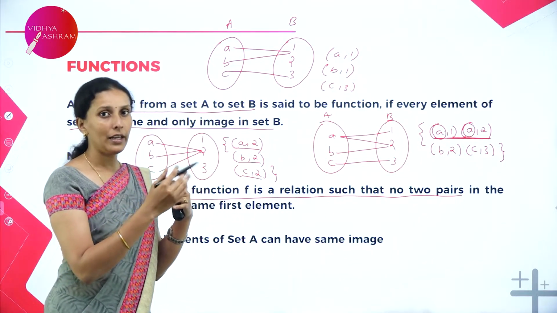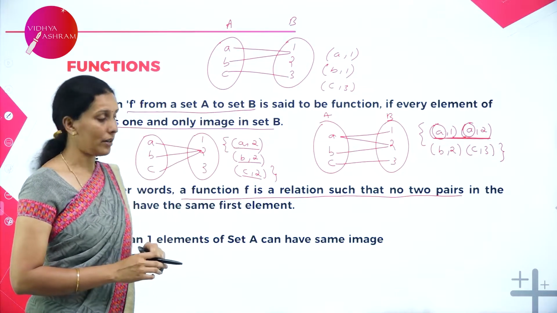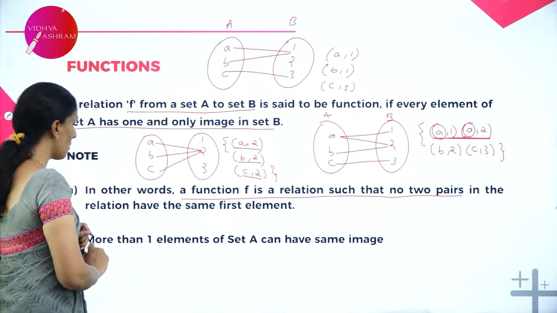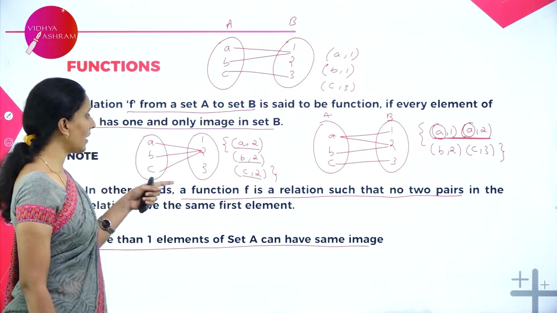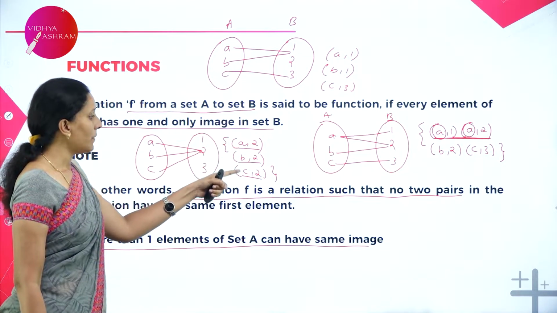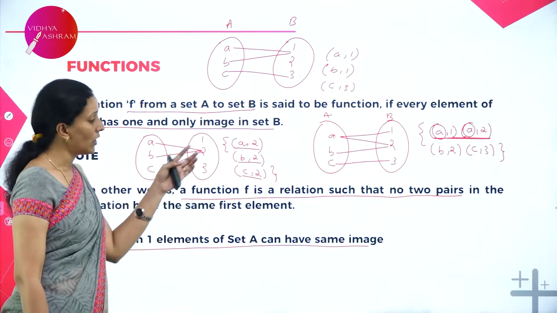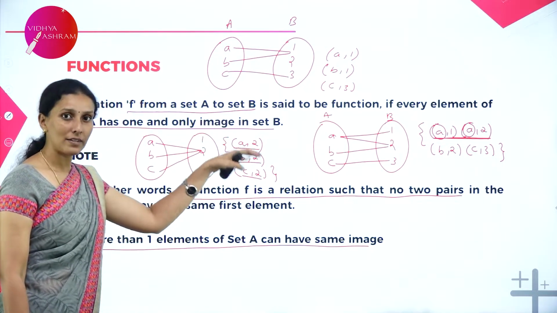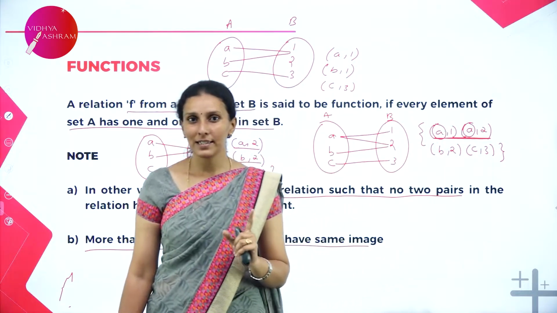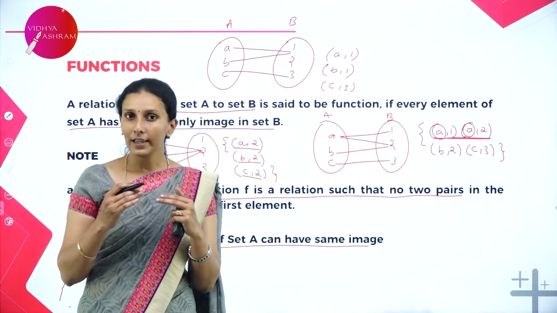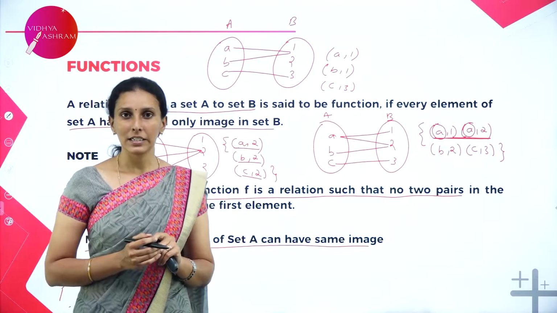So when you are writing a relation, no two pairs should have the same first element. And the other thing is that more than one element can have the same image. Here I have given an example: a, b, c are elements in the first set, and they are having the same image. So more than one element can have the same image, but one element cannot have two images. That is, all the elements should have only one image in set B.